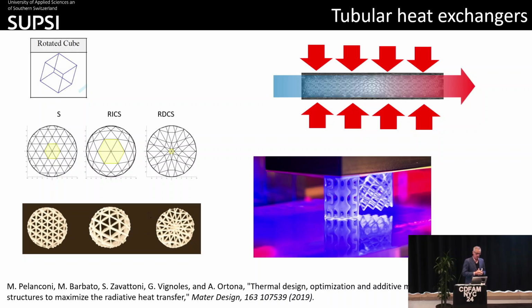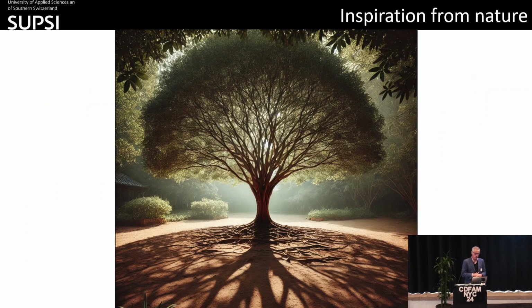But that's very limiting, because if you put in a regular structure like the one on the left here, you don't fully exploit all the ways that heat is transferred, because heat is transferred by conduction, convection, and radiation. In a cell like this, radiation is somehow shaded. And then if you think of a tree, being inspired by nature all the time, you see that the tree has most of the leaves outside, and the lower you go, the less frequent the leaves are.